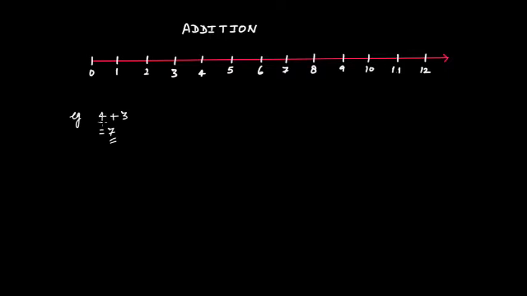Now you know that 4 plus 3 is similar to 3 plus 4. I'm going to show you the two ways. Either start from 4 or start from 3, you are going to get the same result. Let me first show this for 4 plus 3.